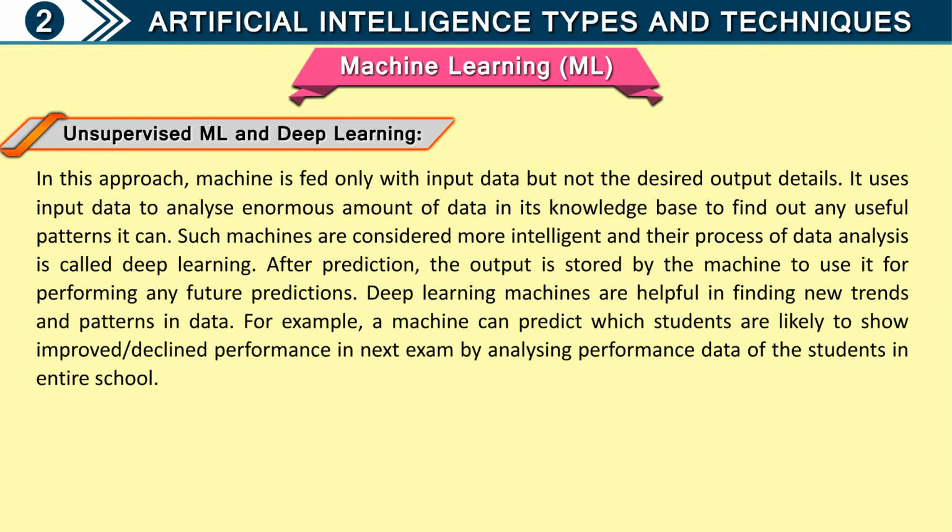After prediction, the output is stored by the machine to use it for performing any future predictions. Deep learning machines are helpful in finding new trends and patterns in data. For example, a machine can predict which students are likely to show improved or declined performance in the next exam by analyzing performance data of the students in the entire school.